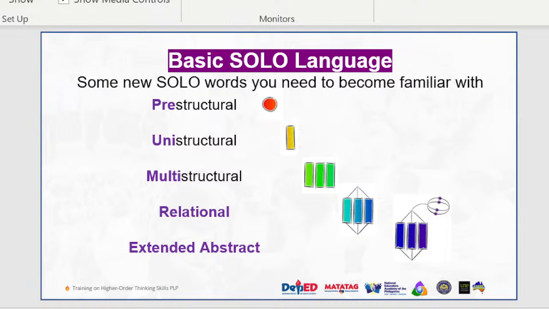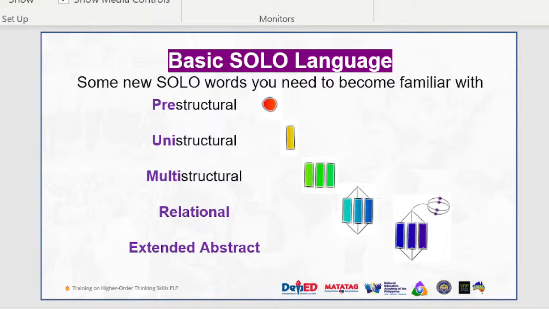For unistructural, multistructural, respectively, after a reasonable amount of time, the teacher begins to know the name of one student, uni, and then of other students, multi-structural.